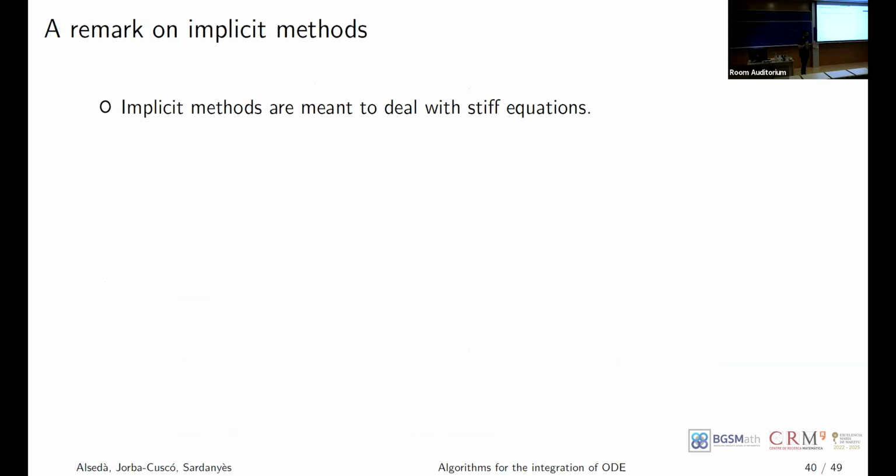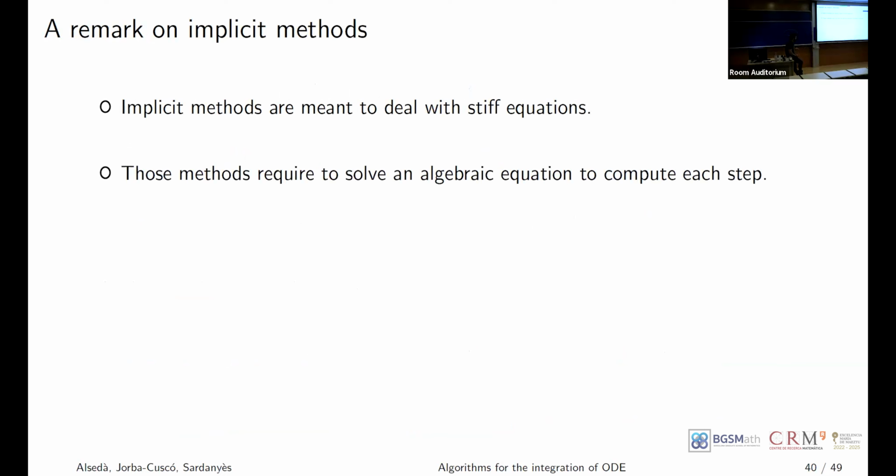So a remark on implicit methods is that they are able to cope with stiff equations, but they are heavier than the usual explicit methods. So they are meant to deal with stiff equations. And if your equation is not stiff, you shouldn't be using an implicit method because it performs worse.